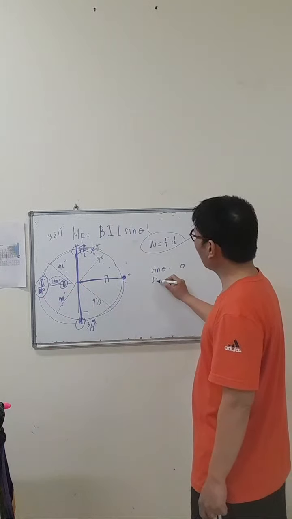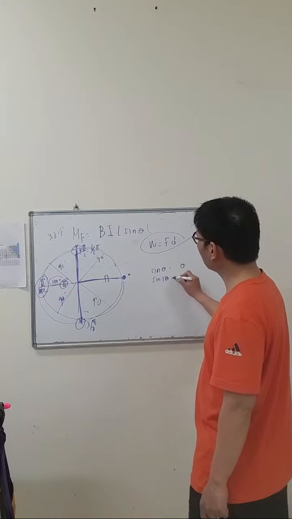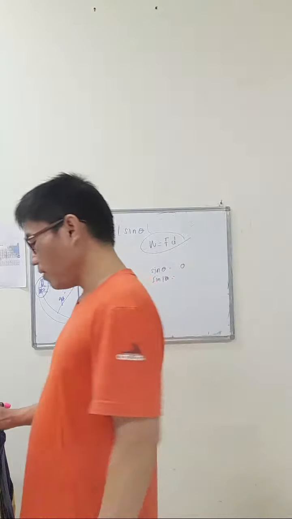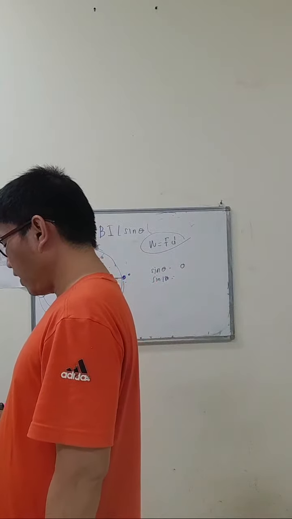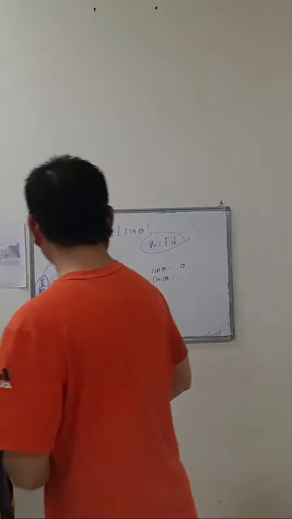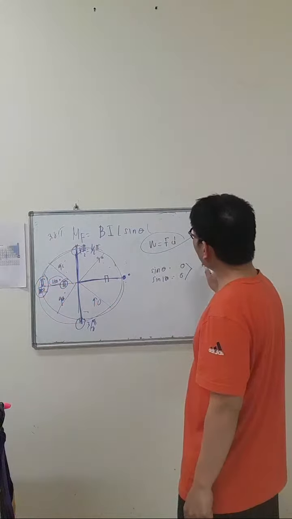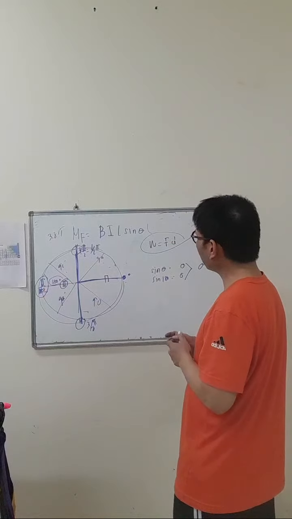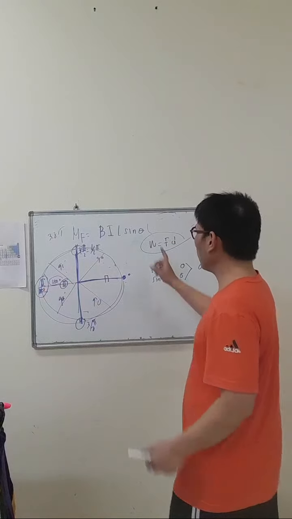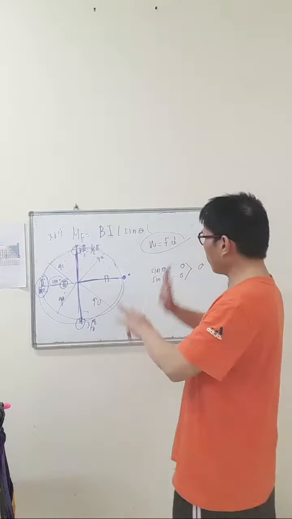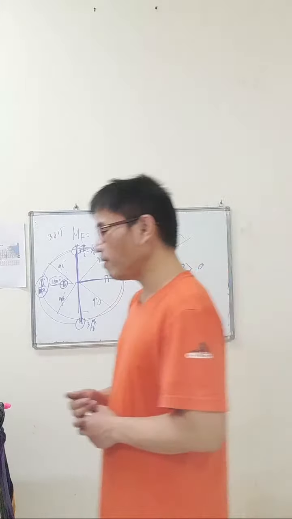And sine of 180, sine 180, is 0. Okay, like that. You get the point? So if you multiply something by 0, it will automatically become 0. So cosine theta.